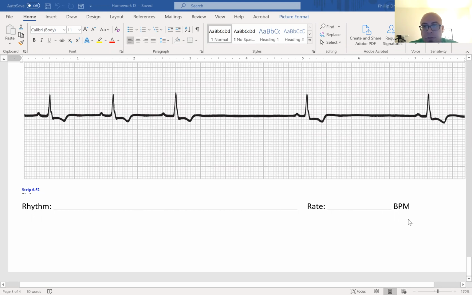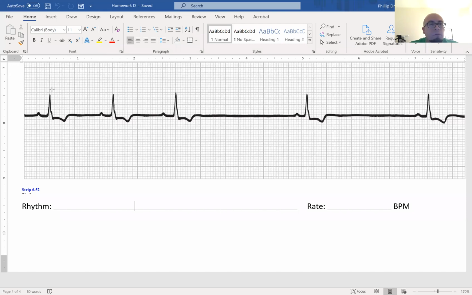Ooh, and it looks like this is actually the last one of this set here. That looks off. All right, there's that one.